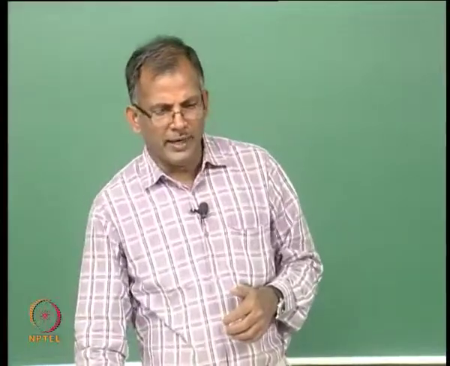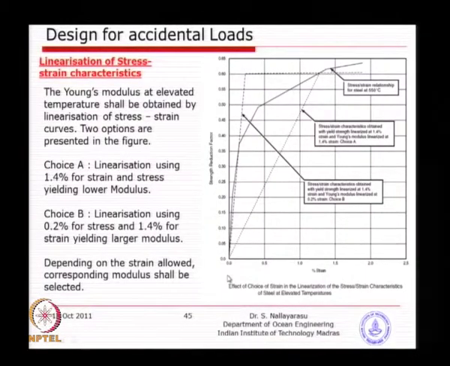So, if you look at this diagram, one important thing about what we have just discussed is that without realizing the changes happening to the stress strain curve, we simply reduce the stress levels by the same as the reduction in the yield, which is not very good, because we do not look at the stress strain curve, and the slope of the stress strain curve is very important for how the behavior is.